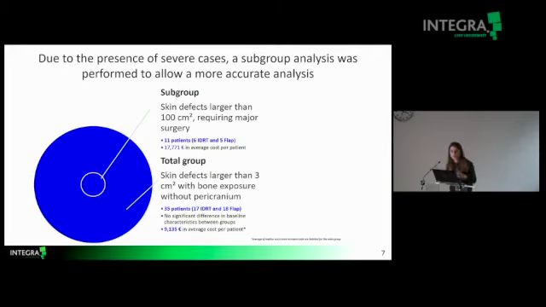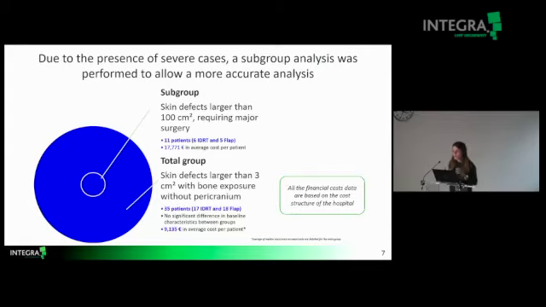That's what we will call the subgroup, or the more severe cases, because they had a skin defect larger than 100 square centimeters. So they received much more extensive surgery. This also explains why the average cost per patient rose from roughly 10,000 euros to almost 18,000 euros per patient for the total duration of the stay.